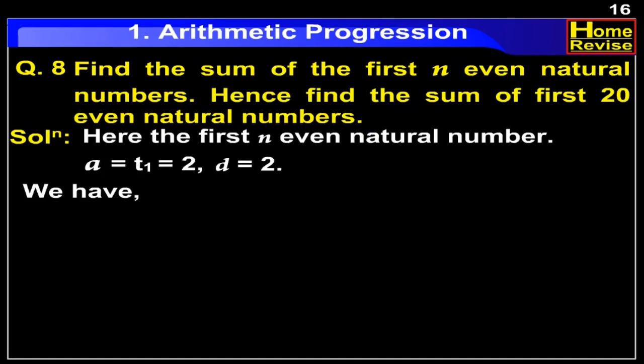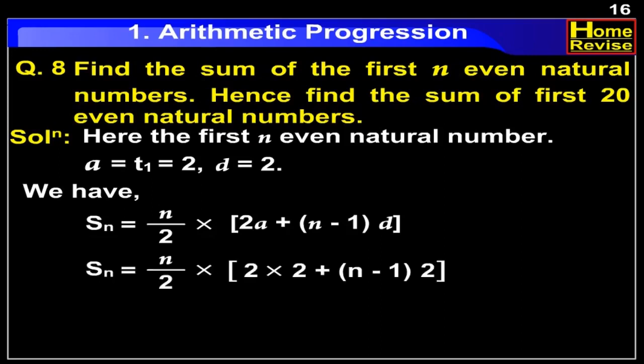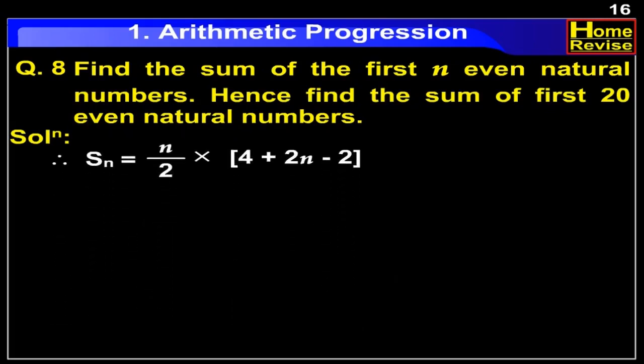We have Sn is equal to n upon 2 into 2A plus n minus 1 into 2. Therefore, Sn is equal to n upon 2 into 4 plus 2n minus 2. Sn is equal to n upon 2 into 2 plus 2n.